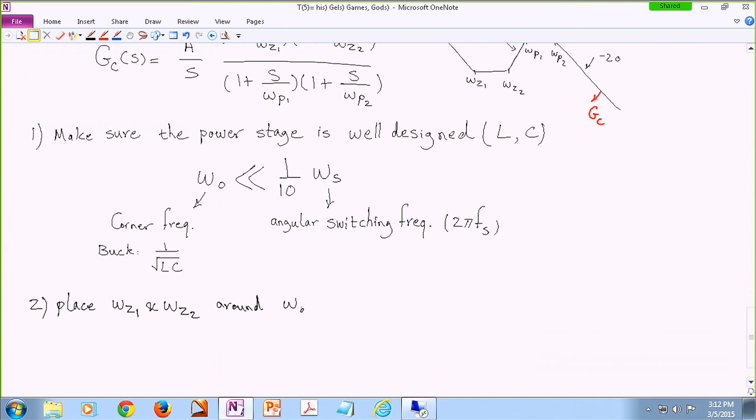Whatever your omega naught is, your omega z's should not be very far from it, basically. And how small or how large should they be? It becomes basically a trade-off between bandwidth and phase margin.